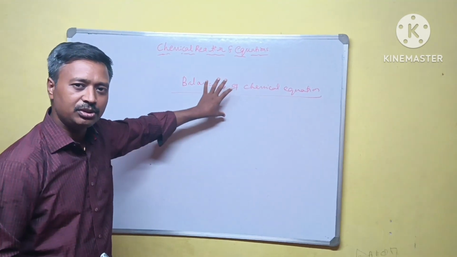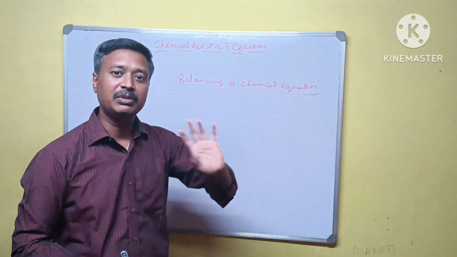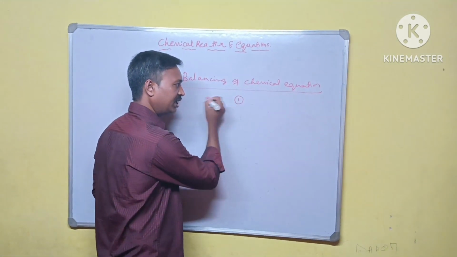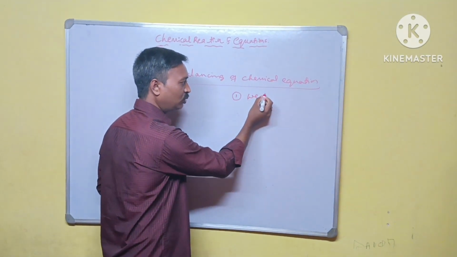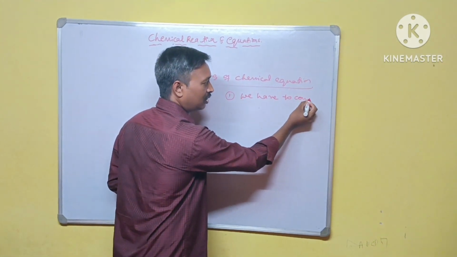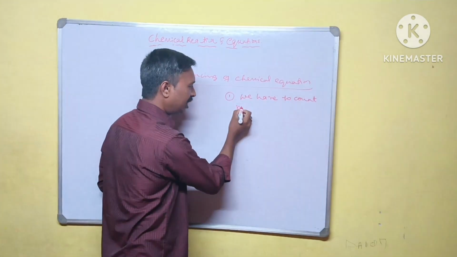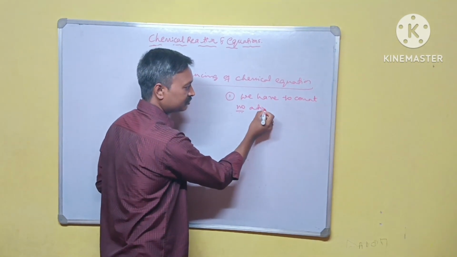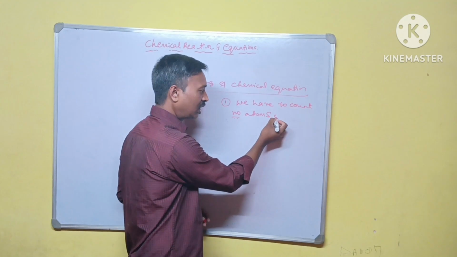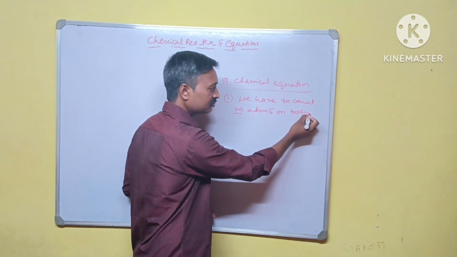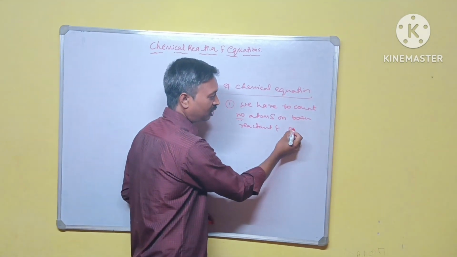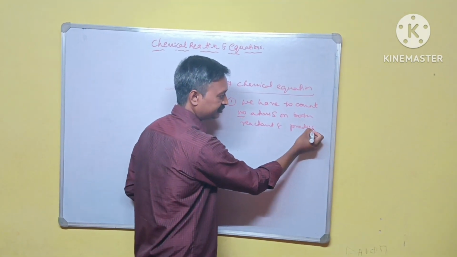Now I will teach you how. There are some steps. First step is we have to count the number of atoms on both the reactants and products side.